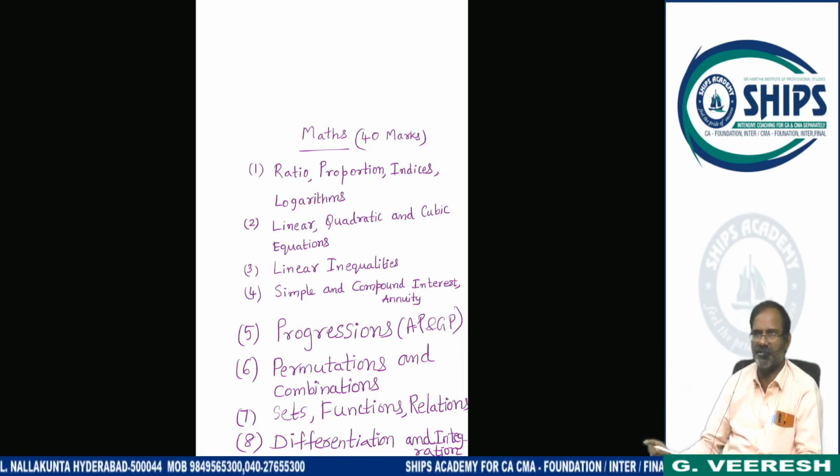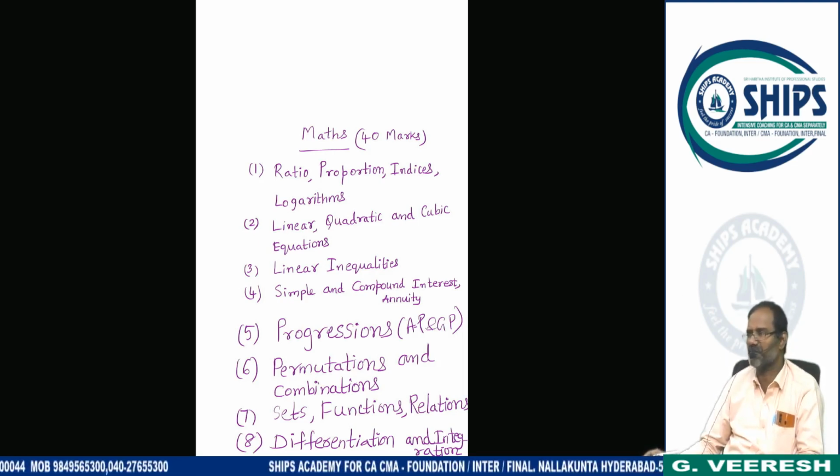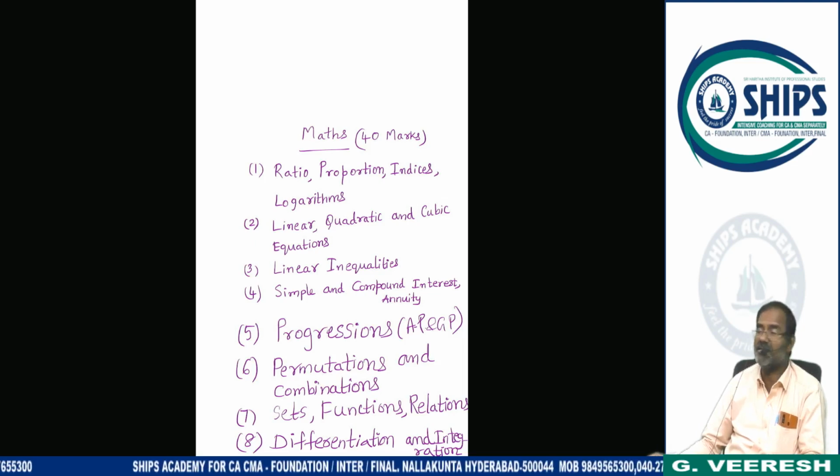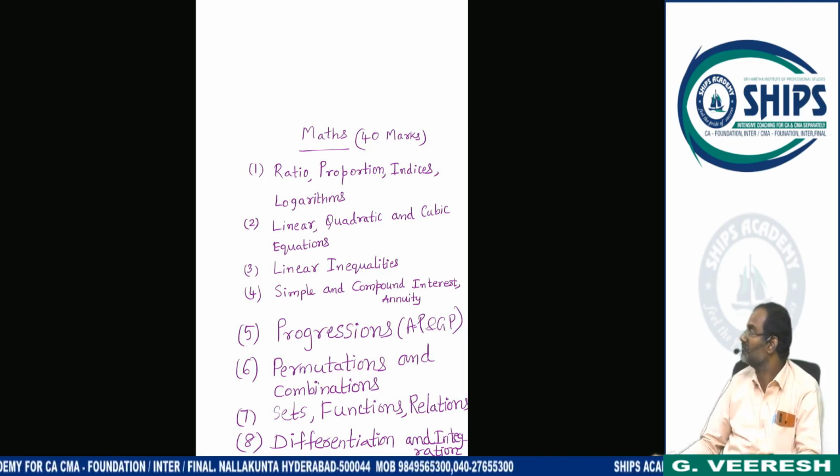If you go and ask in the shop, they will give some calculators. Scientific calculators are not allowed in the exam, and normal shop calculators are also no use. So the type of calculator we have to buy should have plus minus and root. Okay, plus minus and root.